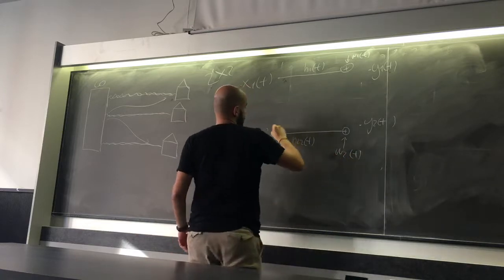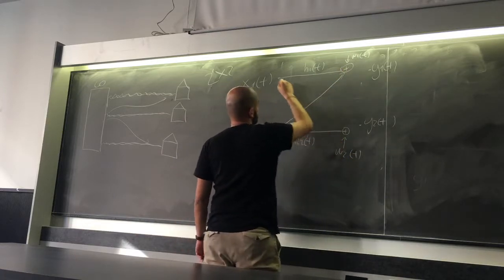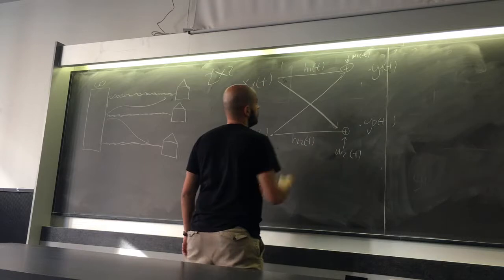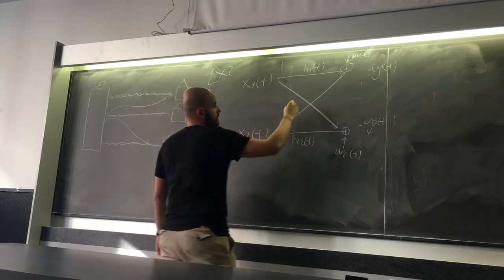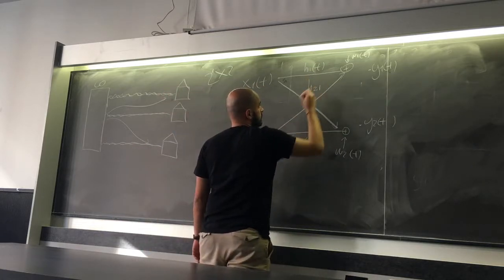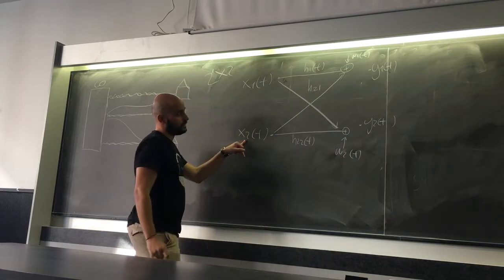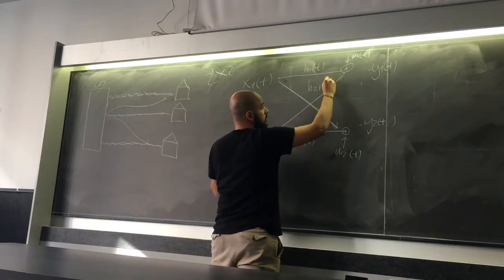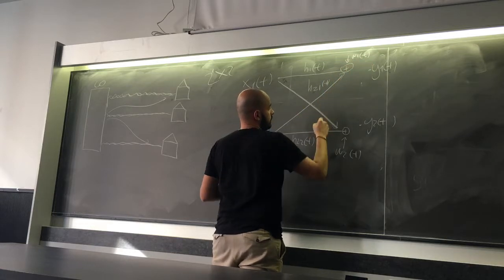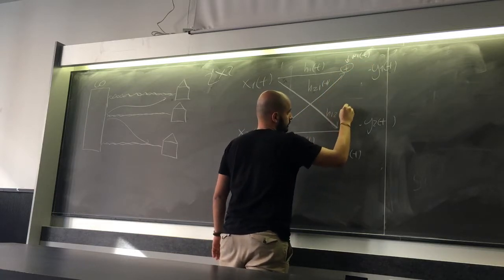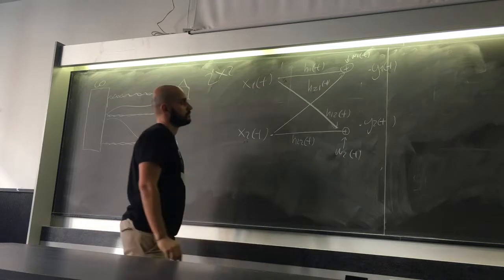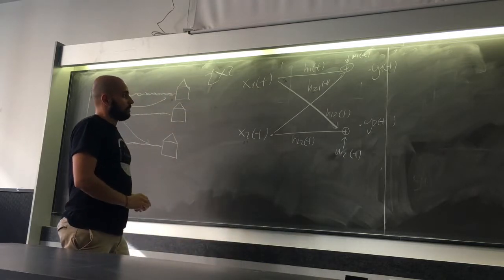But then you also get interference: the interference from input 2 to output 1, and then from input 1 to output 2.